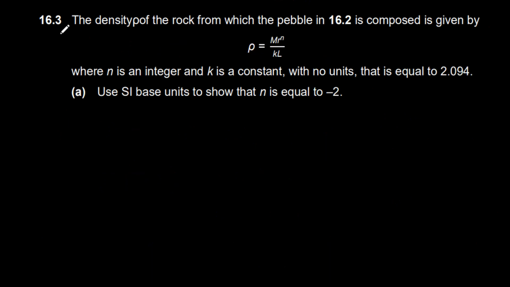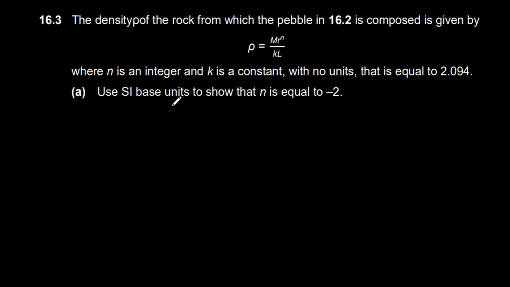Then in question 16.3, it says the density rho of the rock from which the pebble in 16.2 is composed is given by this equation. So the density is m r to the power n over k l, where n is an integer and k is a constant with no units, and k is equal to 2.094.